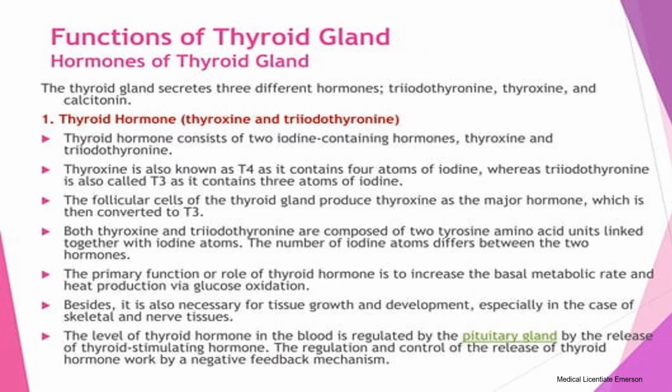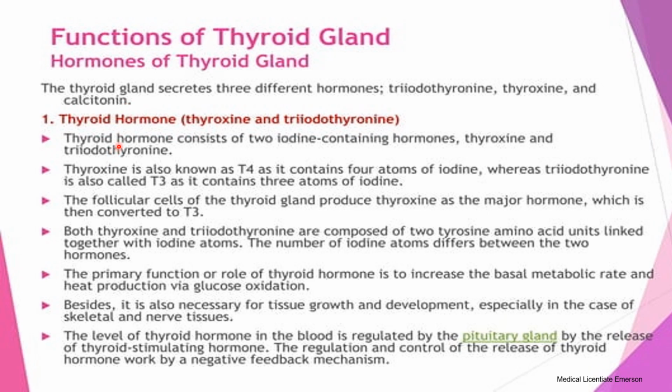Okay. Then in terms of functions of the thyroid gland, the functions are tailored to the hormones. So we can't talk about the functions without mentioning the hormones. The three distinct hormones we talk about are triiodothyronine, thyroxine, and calcitonin.